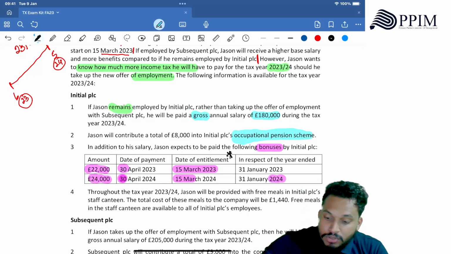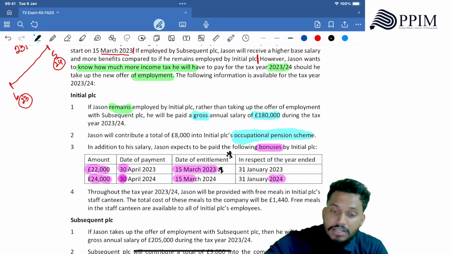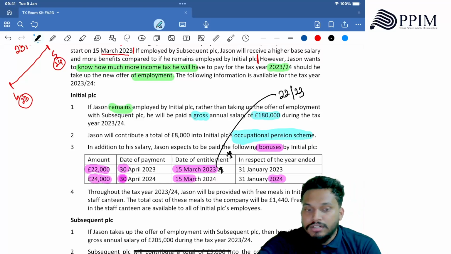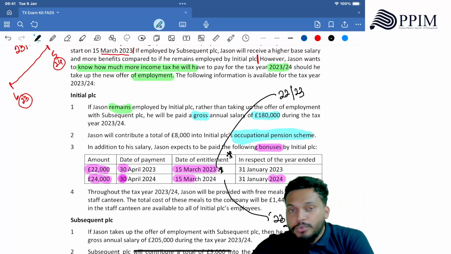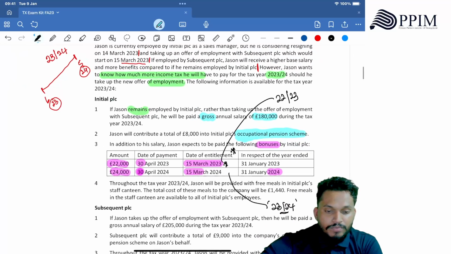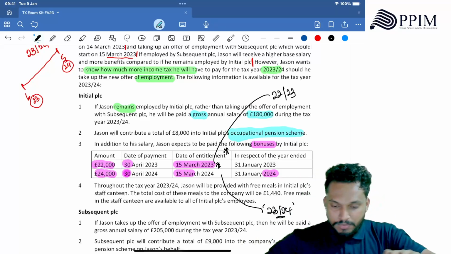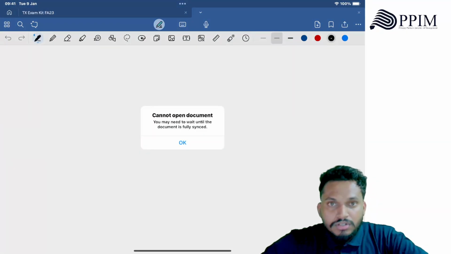I'm planning to give you on 15th March 23, which means it is falling for the financial year 22-23. You got it? 15th March 2024 is falling for the period 23-24. I am hunting the incomes and expenses for the 23 and 24 period. So technically, if I were you, what I would say to the examiner, no, it is not coming for 24-25.